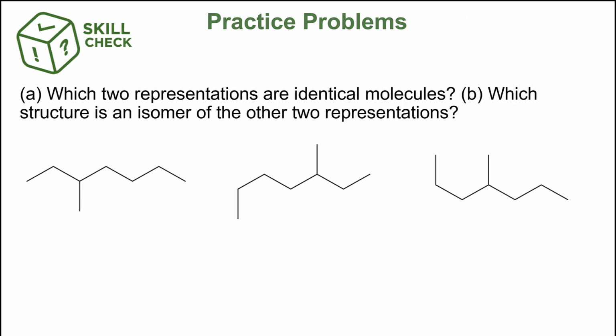On this slide, we're asked to determine which two representations are the same and which are just isomers of the other two representations. One of the ways that you can do this is to count the number of carbons in the longest chain. So this one has 7, with one CH3 group coming off of 3.